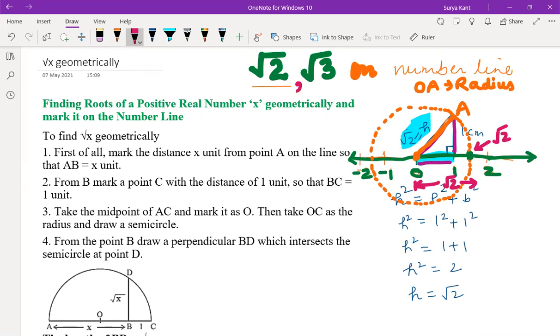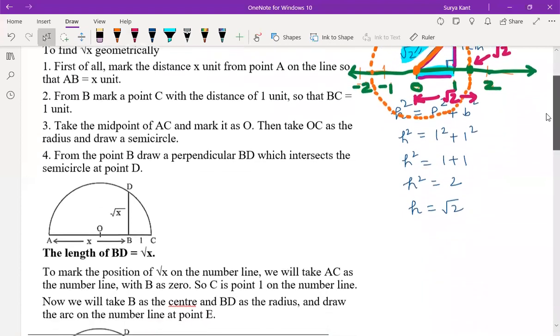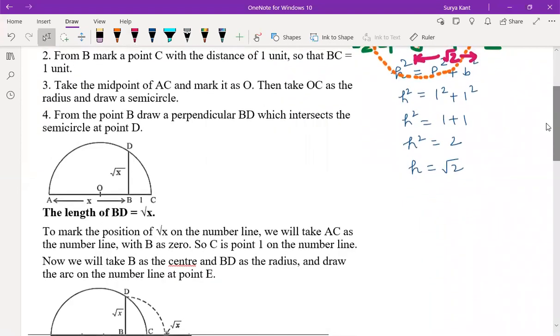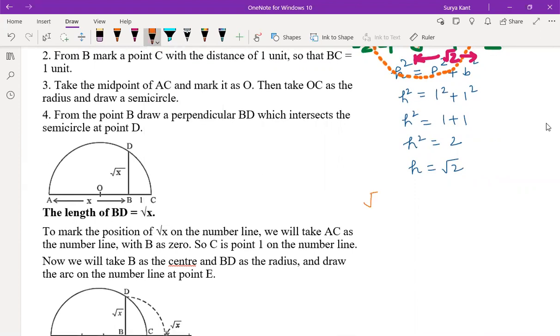So all of you draw root 3. Root 3, how can we draw root 3 on a number line? See, do the same way for root 3 also.